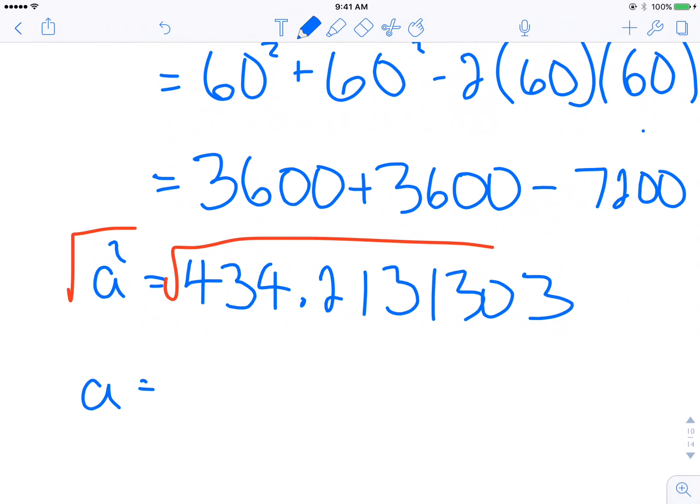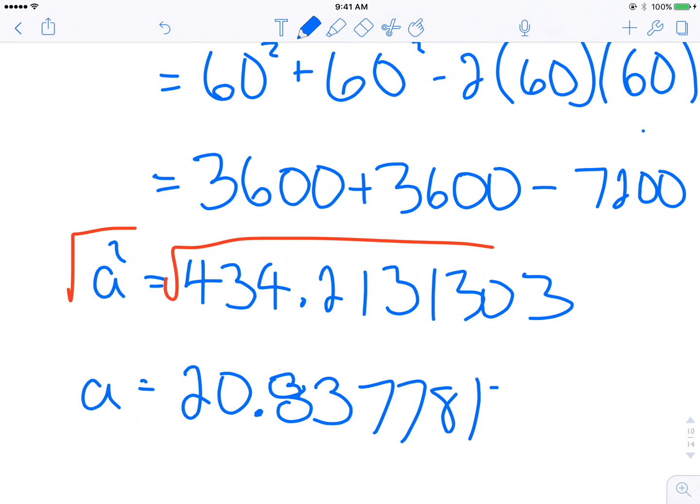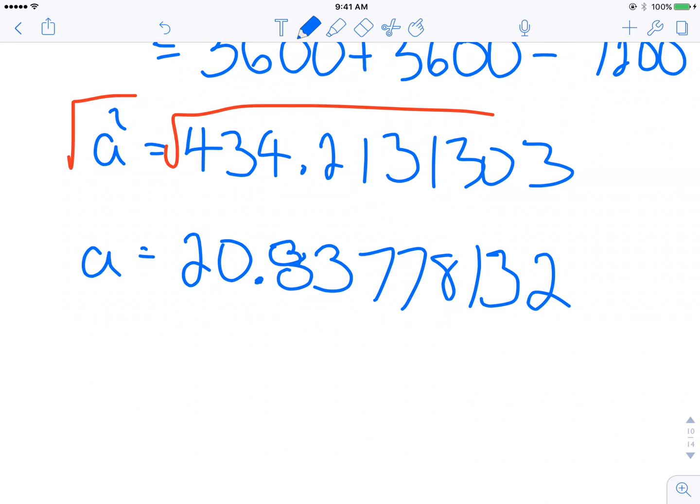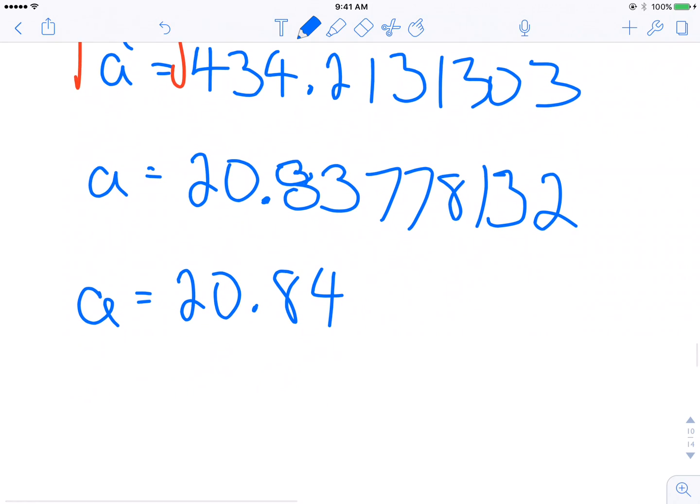Square root of that gives me 20.837783132, and of course rounded, 20.84 to two decimal places, but the question doesn't say what to round to, so 20.84 centimeters, and we've just found that one.